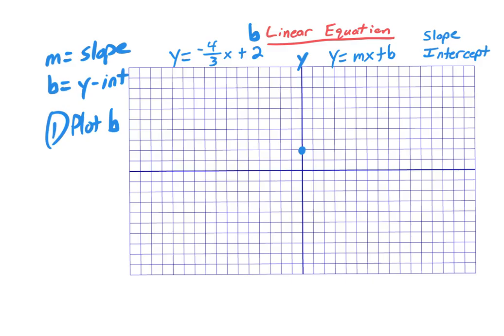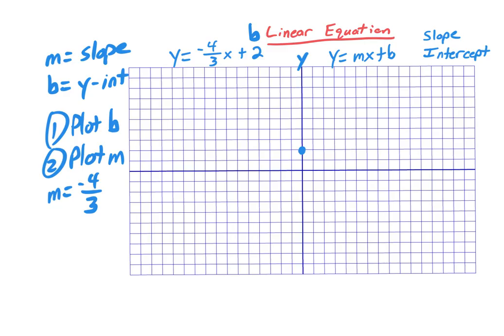From there, we're going to plot m. And we're going to talk about slope later on in the chapter, but I'm going to go ahead and do it a little bit sooner than what the book does it because I feel like we've done it before, we're pretty familiar with it, plus it's the easiest way to graph it, okay?